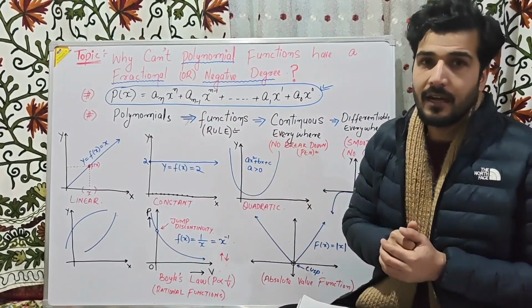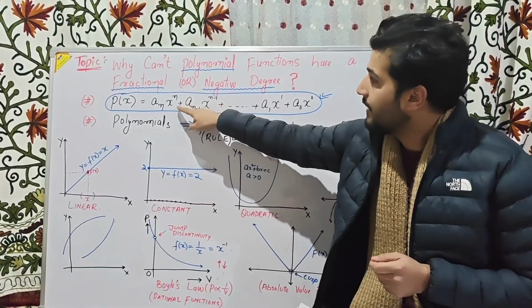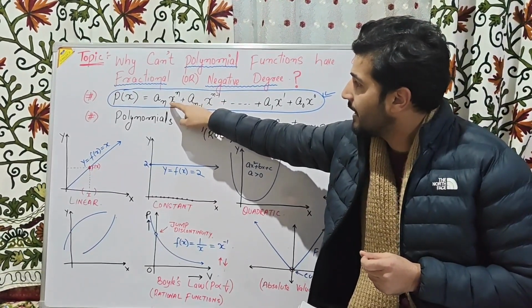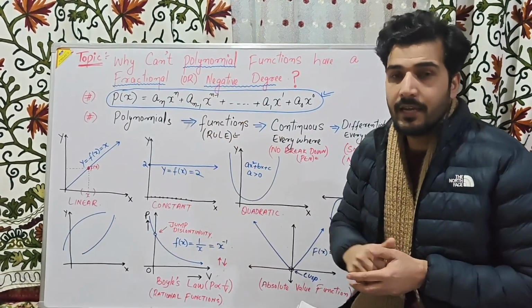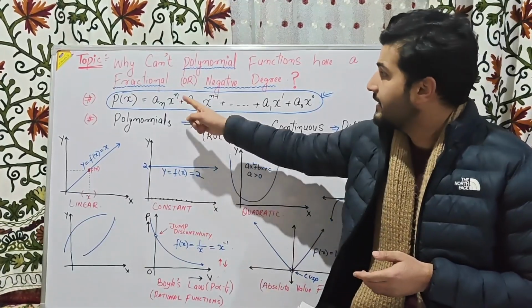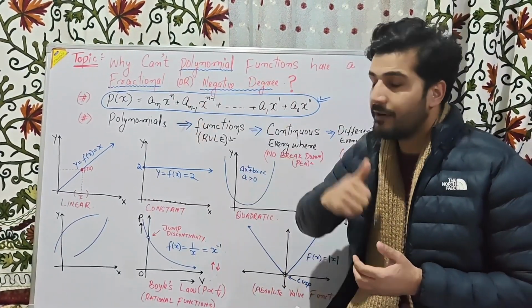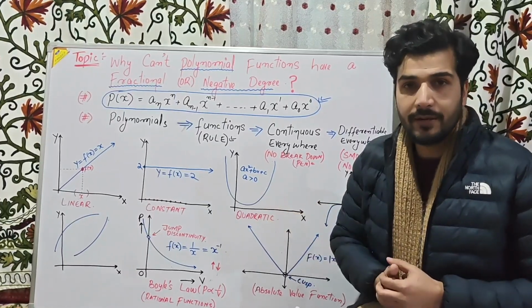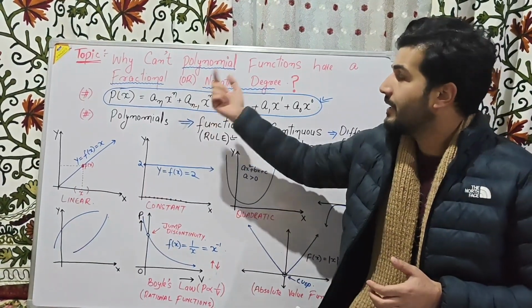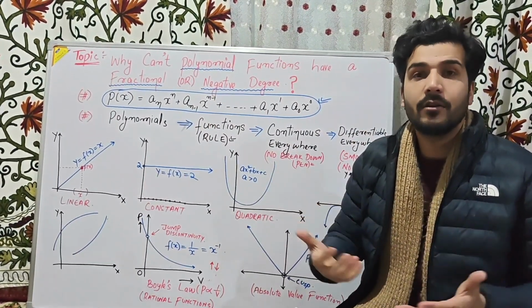So it depends. Whenever we replace this n by 1, it will become linear. Whenever we replace n by 2, it will become quadratic. Whenever we replace the power by 3, it will become cubic. Whenever it is represented by 4, it will become biquadratic.